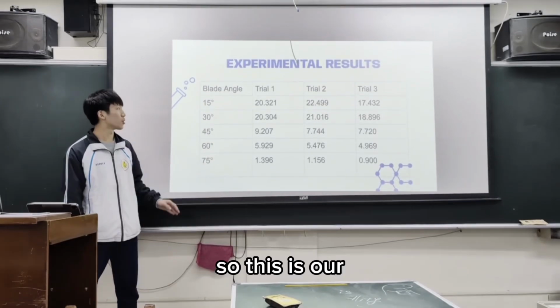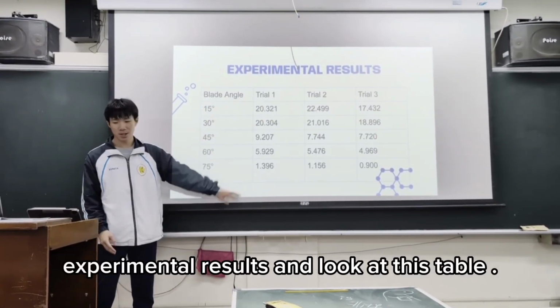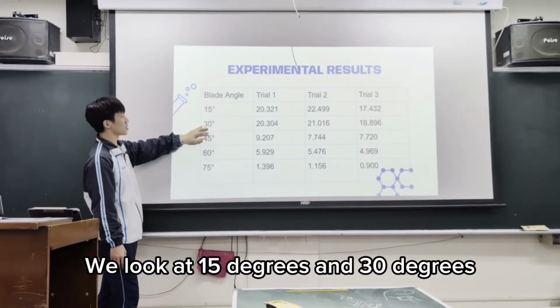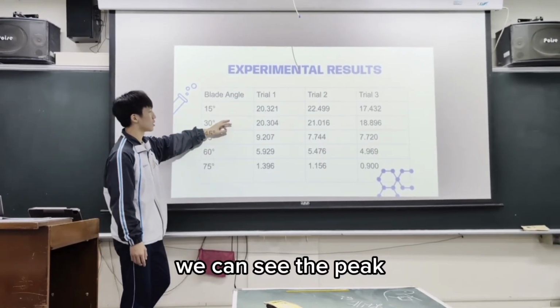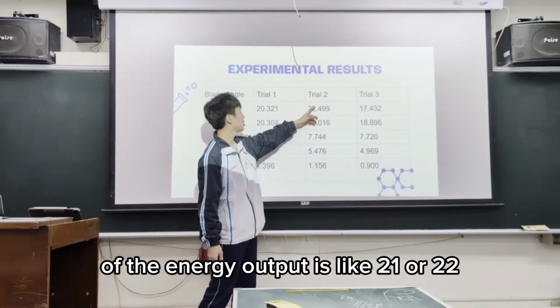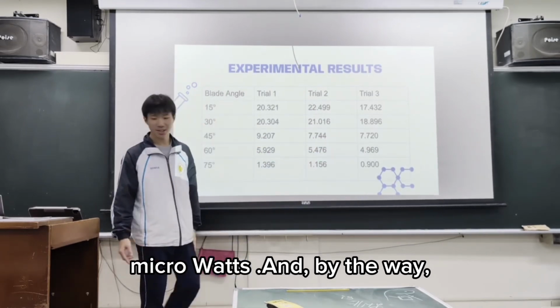So this is our experimental results. Look at this table. At 15 degrees and 30 degrees, we can see the peak of the energy output is about 21 or 22 microwatts.